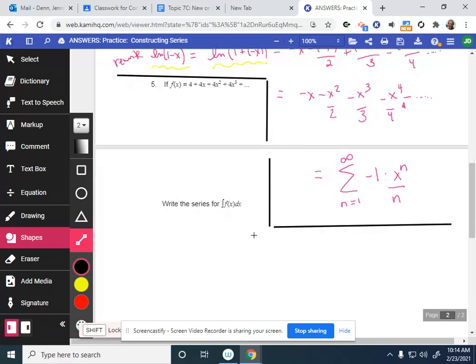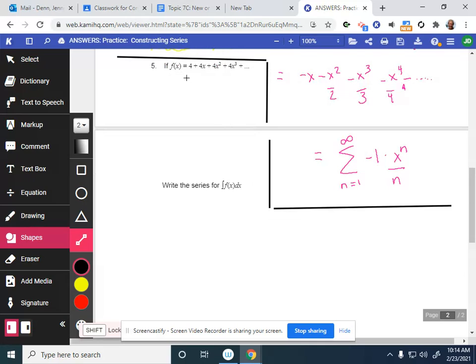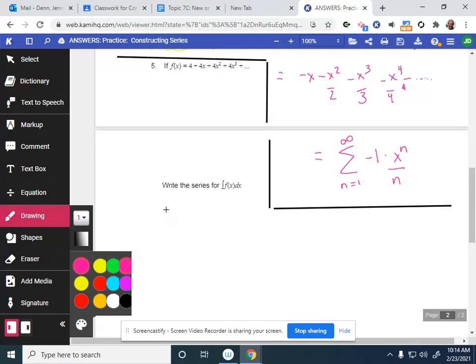Okay, number 5. If f of x equals this series, write the series for the integral of f of x. So I'm going to write this out. f of x equals 4 plus 4x plus 4x squared plus 4x to the third.